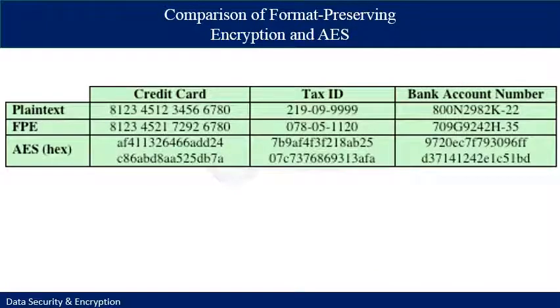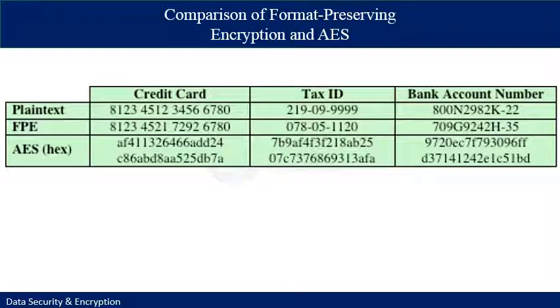So a simple encryption algorithm is not format preserving, with the exception that it preserves the format of binary strings. For any other formatted data, the encryption algorithm will change its format. For example, this table shows three types of plain text for which it might be desired to perform format preserving encryption.